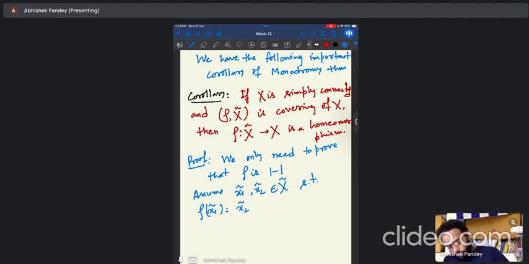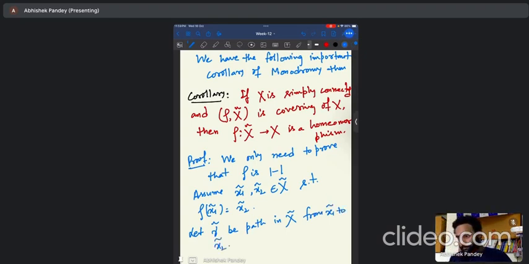Okay, so let gamma tilde be a path in x tilde from x1 tilde to x2 tilde.